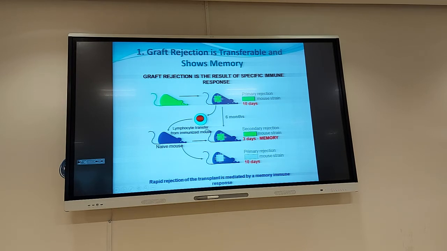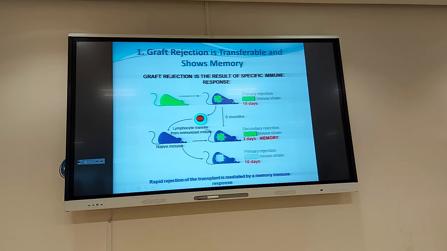And then it was also shown that this type of immune response is specific, because in this experiment where the second purple mouse received immune cells from that initial purple mouse and rejected the green skin, if that mouse got a skin graft from a third donor, not the green skin, rejection happened again like a primary response after 10 days.